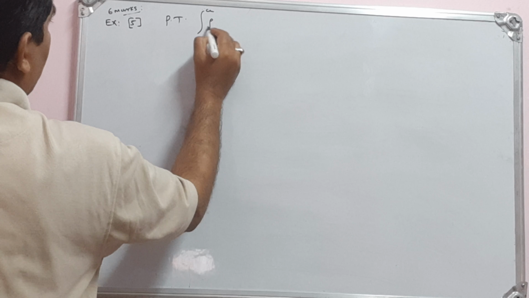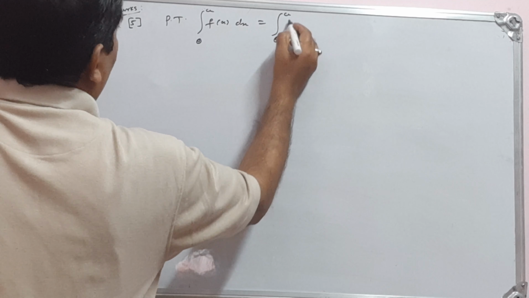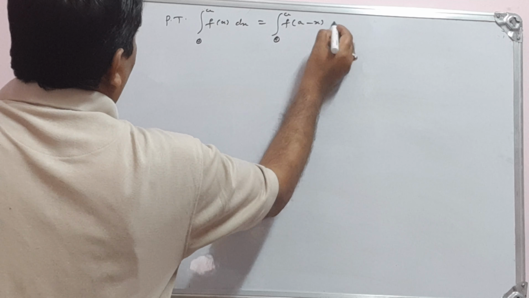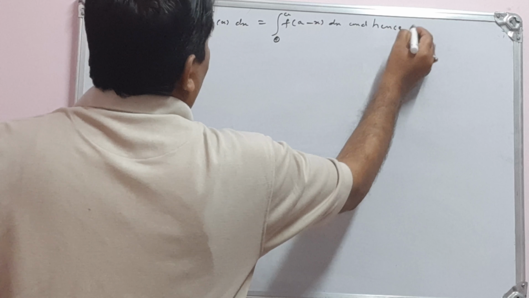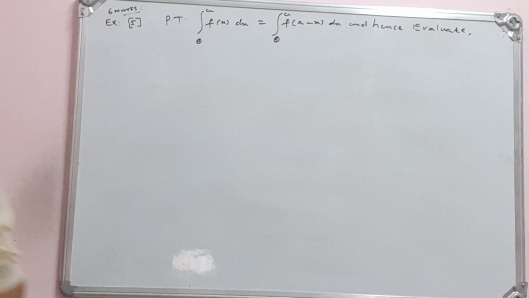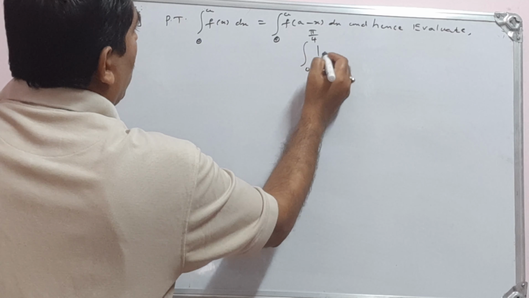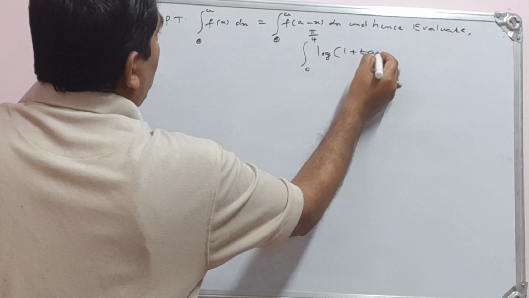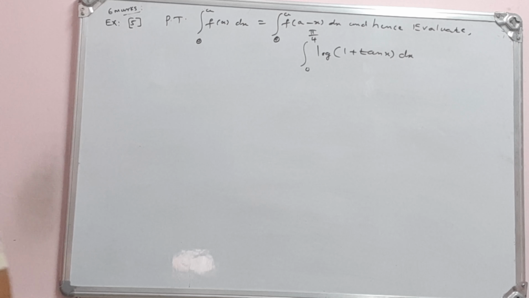This is a very, very important property: integral from 0 to a of f of x dx equals integral from 0 to a of f of a minus x dx, and hence evaluate the integral from 0 to pi by 4 of log of 1 plus tan x dx.